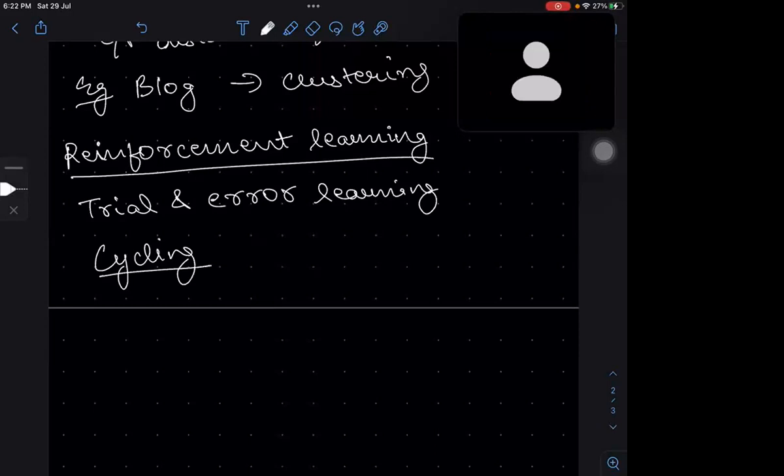The reward is that you have to balance yourself, and if you fall down, that's a negative reinforcement. It is not unsupervised learning because we are not looking at 1,000 cycling videos to learn to cycle. Yes, you are absolutely correct.